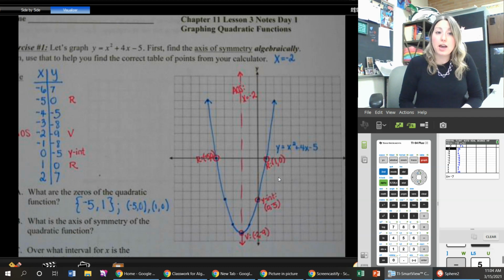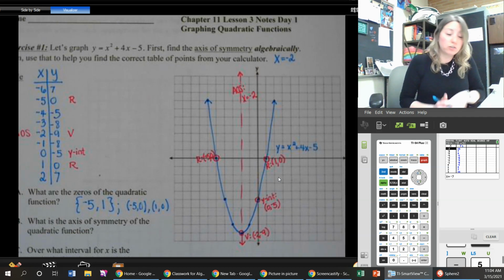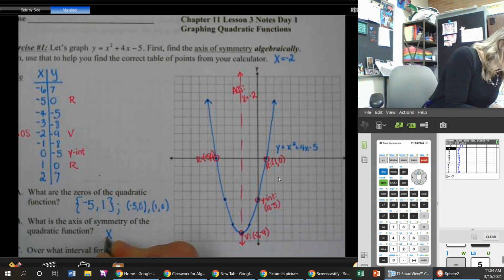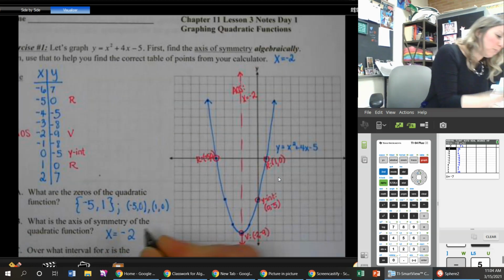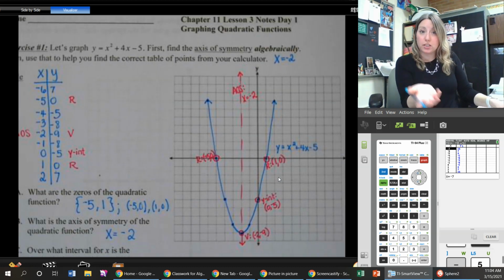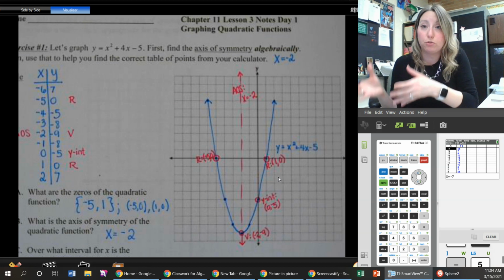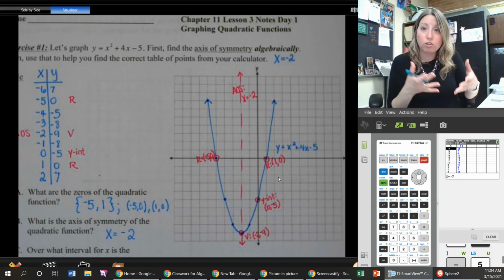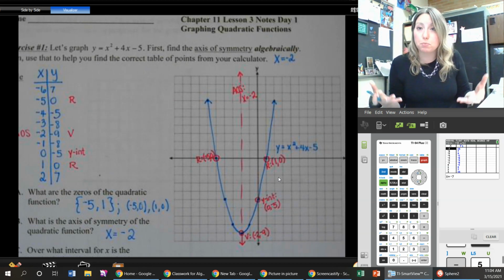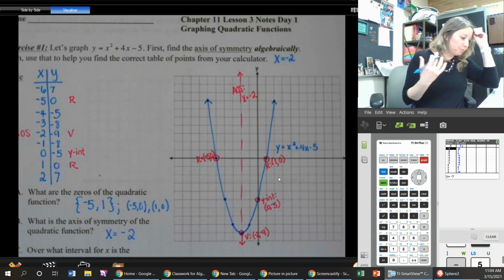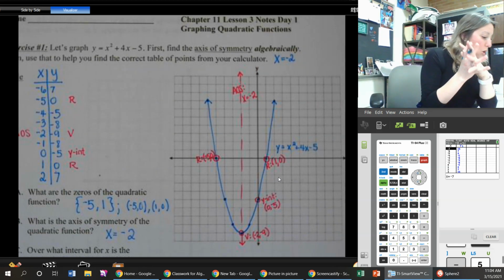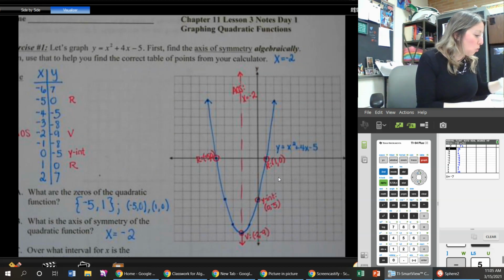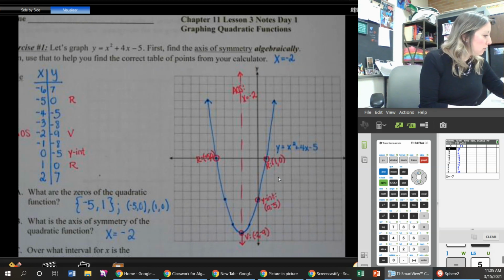What is the axis of symmetry of the function? Well, we did that in our heads algebraically, but then we confirmed it graphically that x equals -2 is the equation of the line that cuts this parabola in half. Lastly, over what interval for x is the quadratic function increasing?